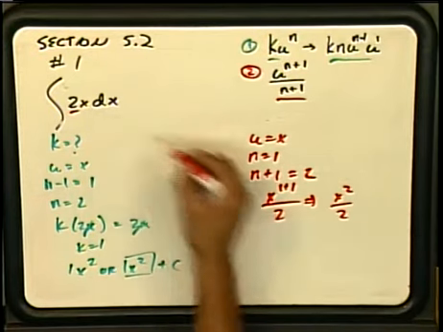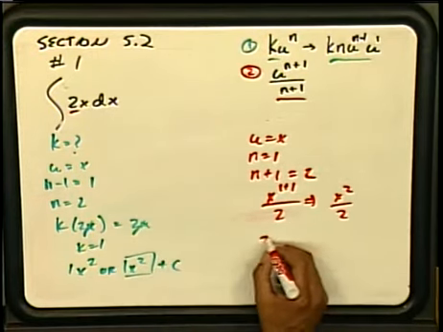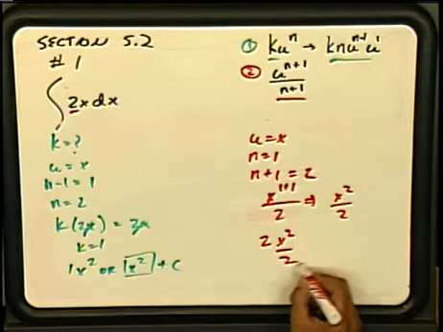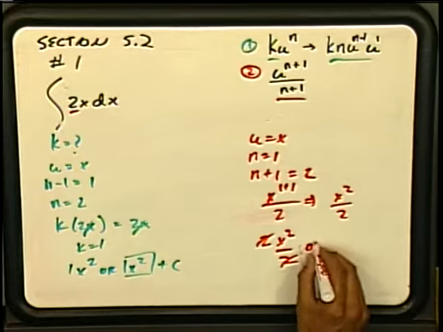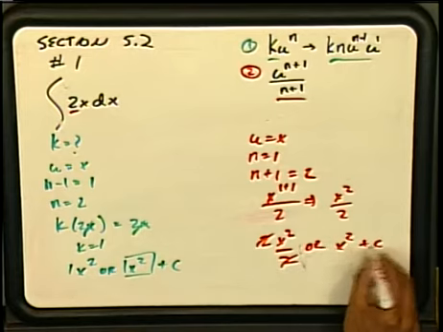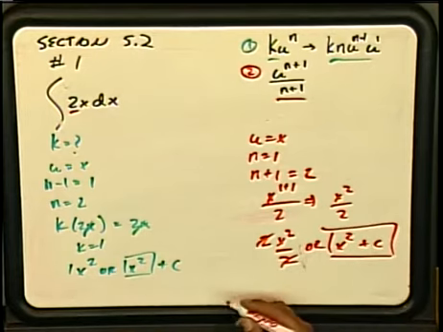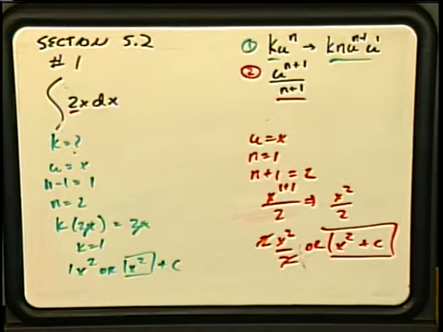But don't forget that constant you took out. So 2x squared over 2 or x squared plus c, since it's indefinite integral. And that concludes section 5.2.